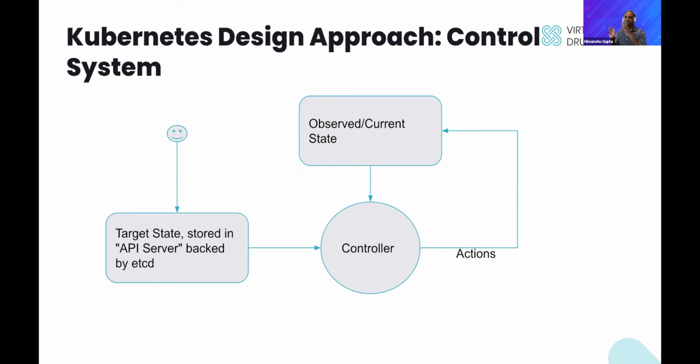It has a set of controller processes running, which are continuously watching what the user has updated in terms of what they want to deploy or do. The controller process is also continuously watching what the current state of the world looks like and keeps on doing a reconciliation between what the user wanted the world to look like and what the current state in the world is. And this theme comes up in pretty much everything that Kubernetes offers.